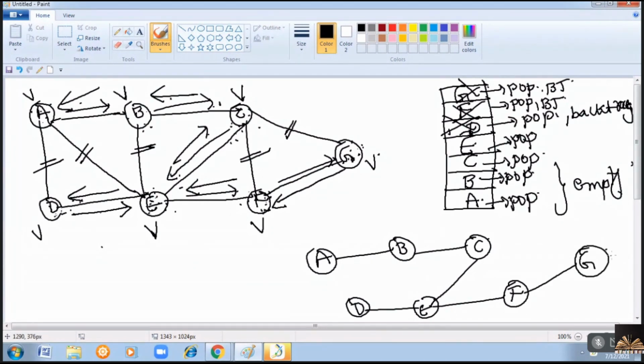Clear? So this is the spanning tree which contains all the 7 vertices with the minimum number of edges and no cycles. Therefore, you can call this a spanning tree.